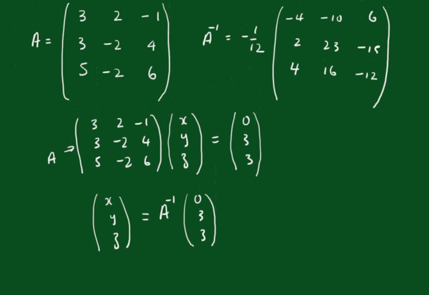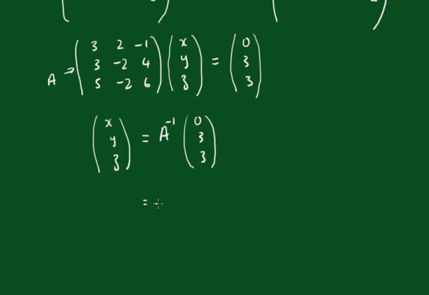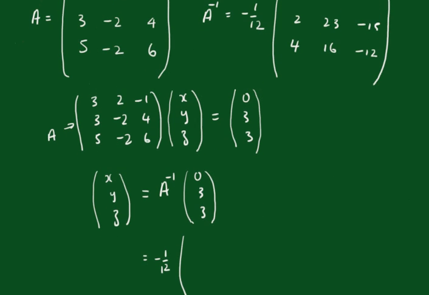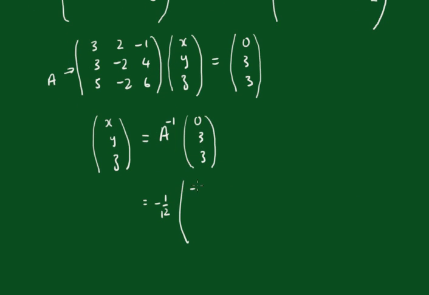Now we've already worked out what the inverse is. There it is up there. So that will be equal to minus 1/12 of, I'll write in here again, minus 4, 2, 4, minus 10, 23, 16, 6, minus 15, minus 12, multiplied by the 0, 3, 3.